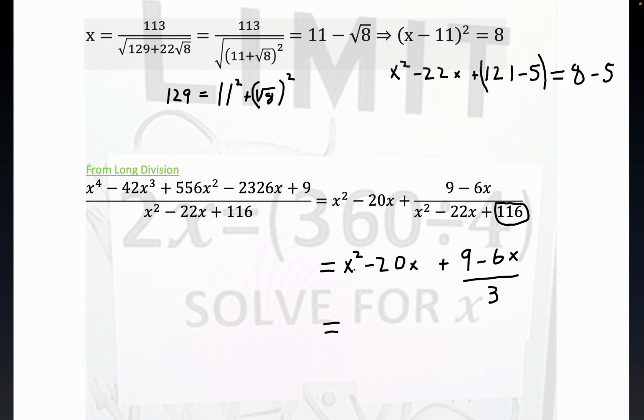The x squared is going to survive, so you're going to get x squared. Now this would be minus 2x combined with this minus 20x gives you minus 22x. And then, of course, 9 divided by 3 is 3.